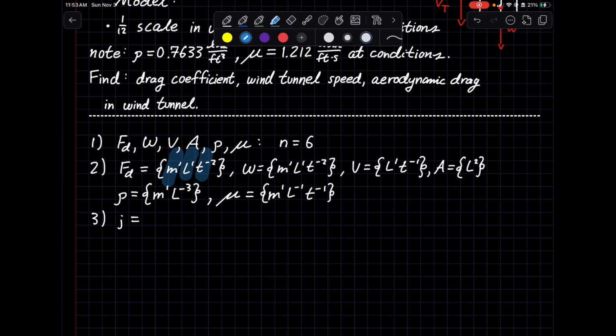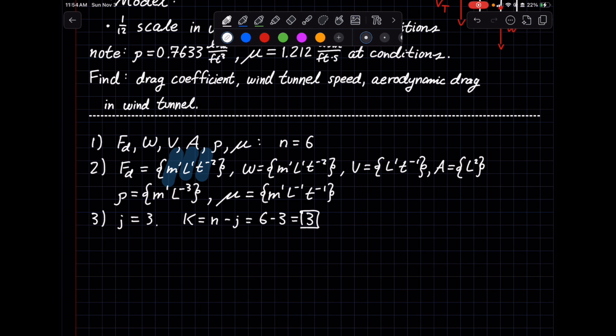If we had something like temperature, or the amount of light, or the amount of matter maybe, but all we have right here is our mass, our length, and our time. So our j is equal to 3. And to find the amount of pi's that we need, we can just do k is equal to n from step 1 minus j, so 6 minus 3 is equal to 3. So we're going to be expecting 3 pi values.